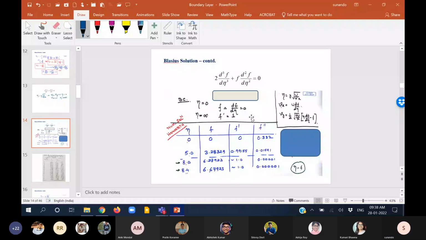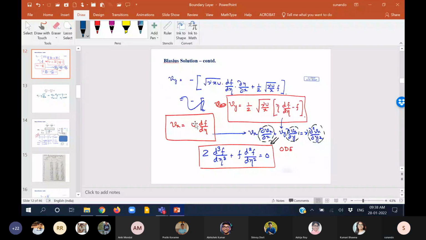I'll go back to this. Vx gives... So what is going to be the value at eta equals 0? Please participate a little bit more.